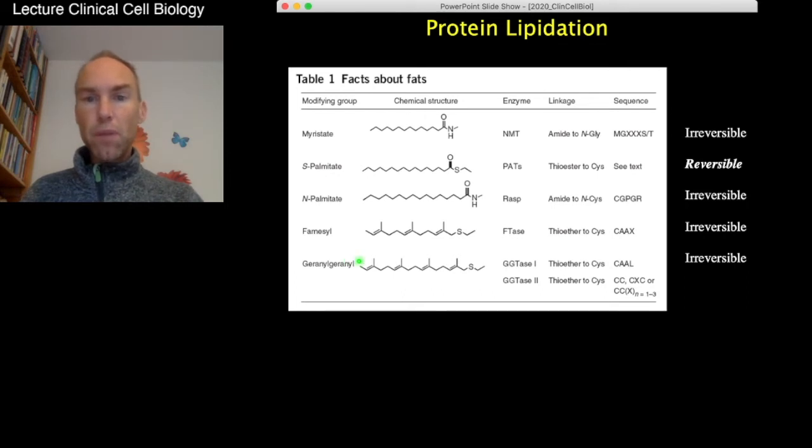So these prenyl tails can be added to a so-called CAAX box. And this CAAX box you can find at the C-terminus of proteins, as we will see. And these prenylation modifications are also irreversible. And whether this modification is reversible or irreversible has important implications for the location of this protein. And I will explain that later on.